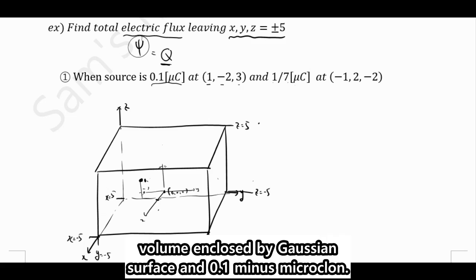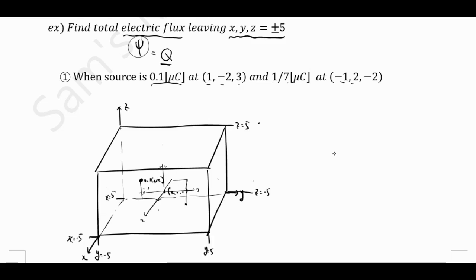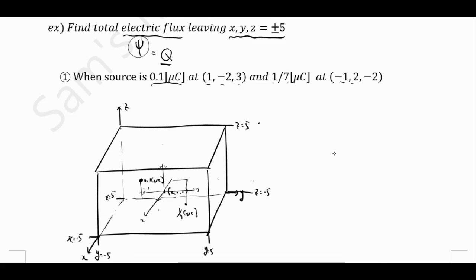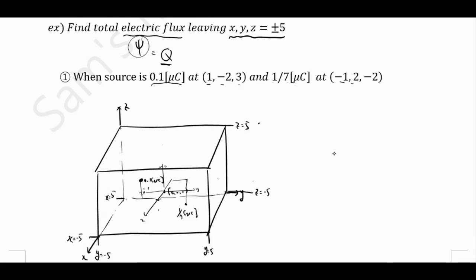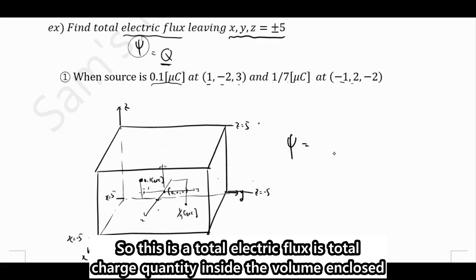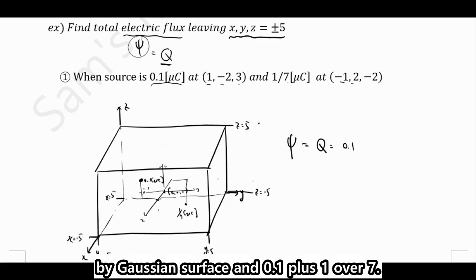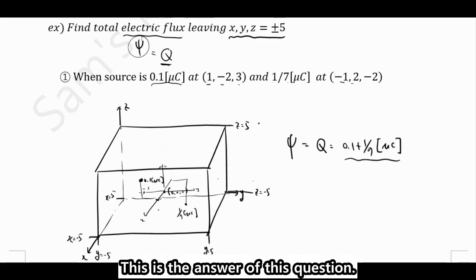And minus 0.1 microcoulomb is at minus 1, 2, minus 2. And 1 over 7 microcoulomb is located inside the volume enclosed by the Gaussian surface. So the total electric flux is the total charge quantity inside the volume enclosed by the Gaussian surface, 0.1 plus 1 over 7 microcoulomb. This is the answer of this question.